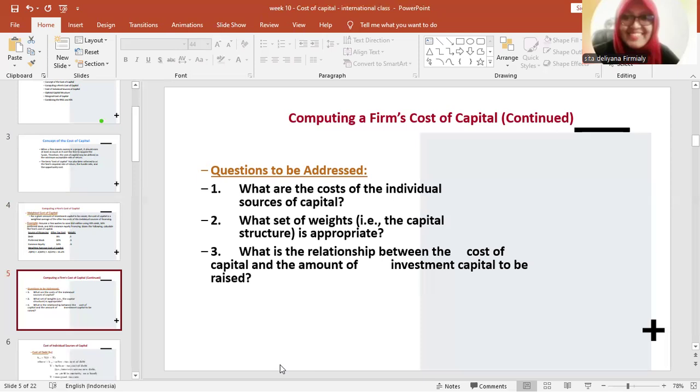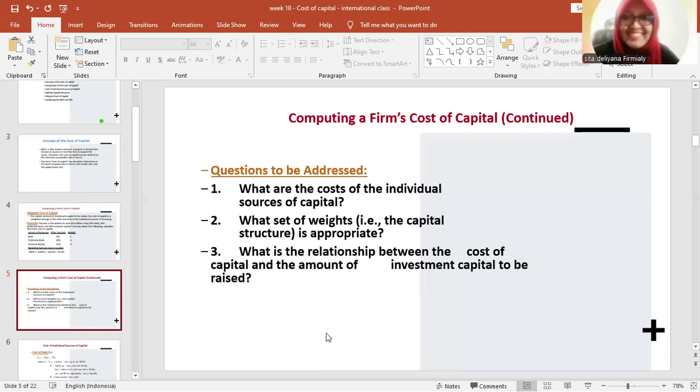Let's talk about four options of a capital structure. Between these four, which one gives the least risk to the company? Which one gives the minimum cost of capital? That's what we call the optimal capital structure.